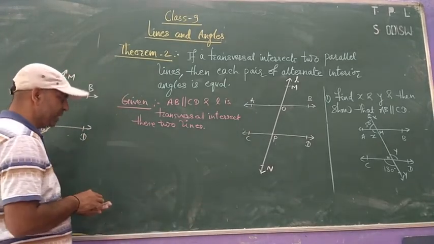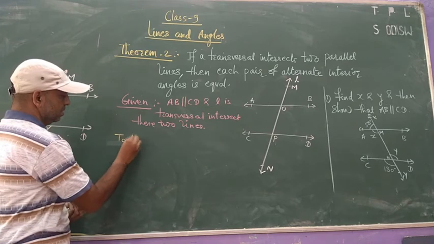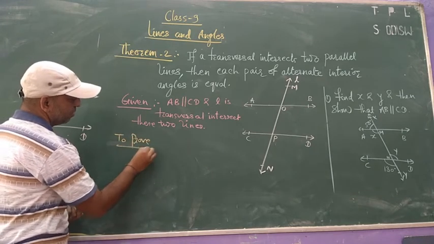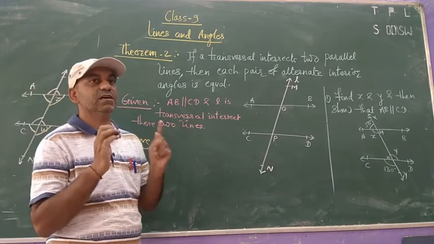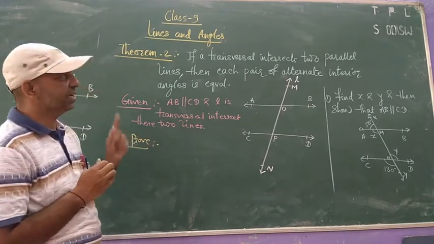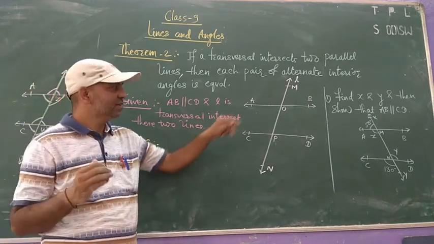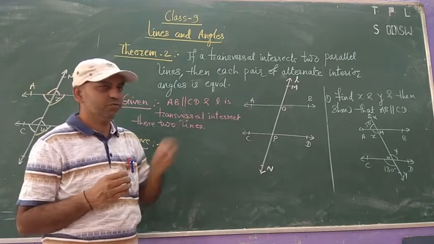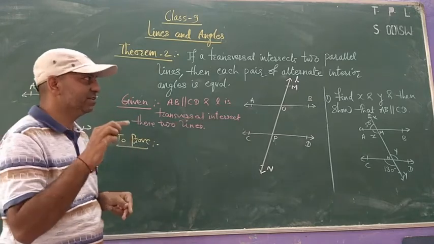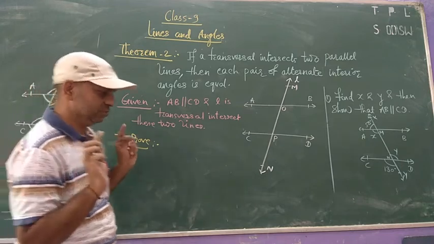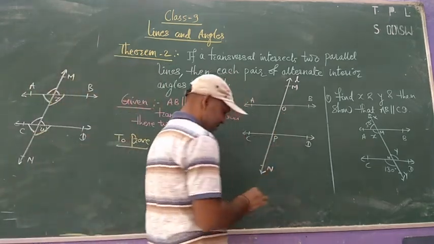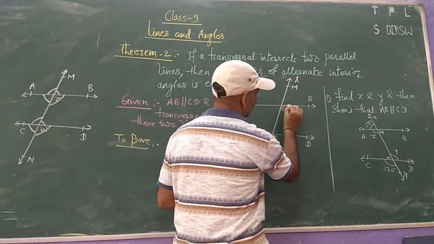So we have to prove here, what we have to prove? That each pair of alternate interior angles is equal. So what is the interior angle? When a transversal intersects these two parallel lines, we make a Z, straight Z and reverse Z. You have to look for that. So see here, where is the Z forming?